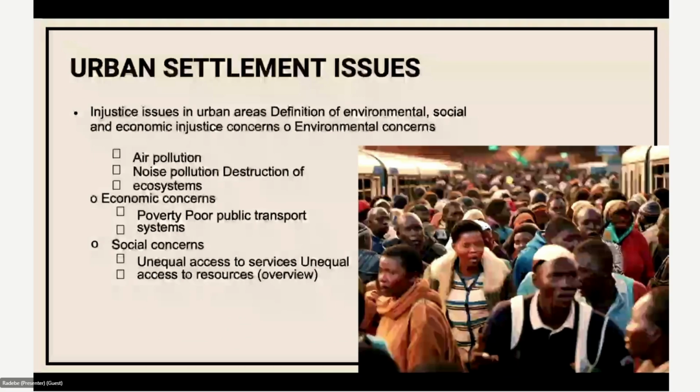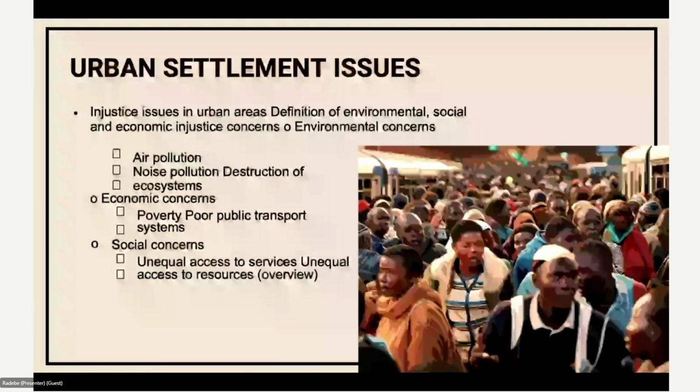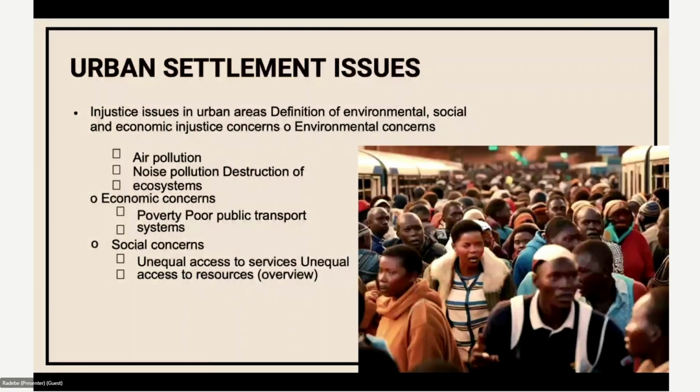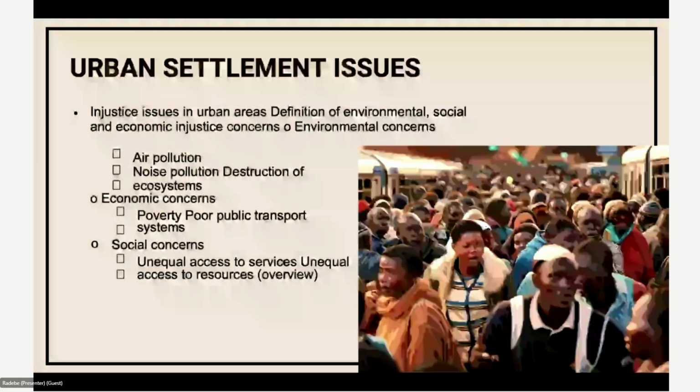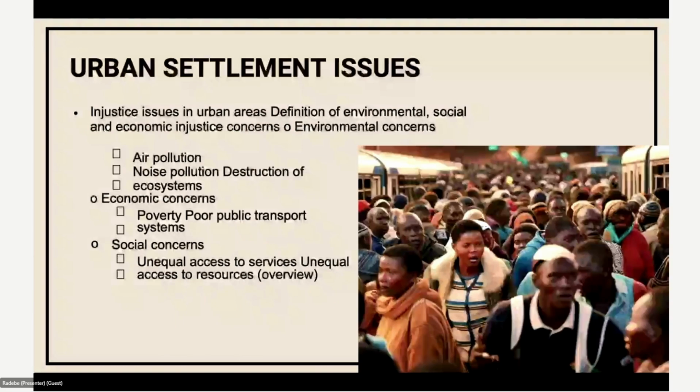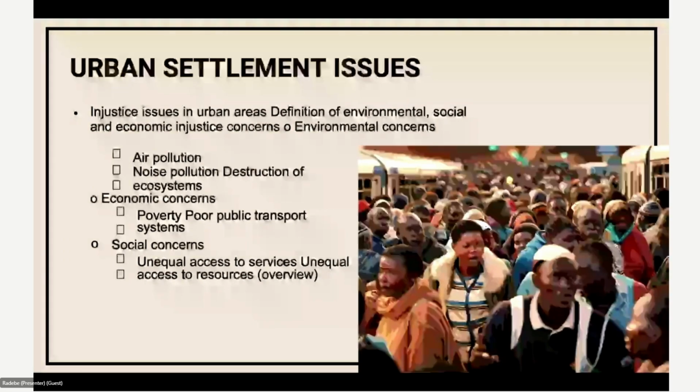Because people are not working, there's a shortage of employment, and obviously it will lead to poverty. If the number of people in an urban area increases, that leads to a poor public transport system. Sometimes the lack of maintenance of the transport system itself can also lead to poor transport systems.